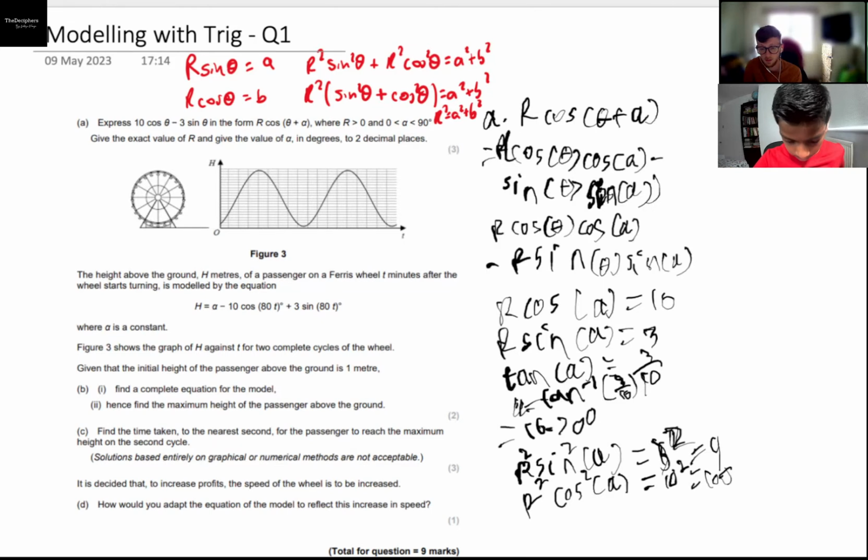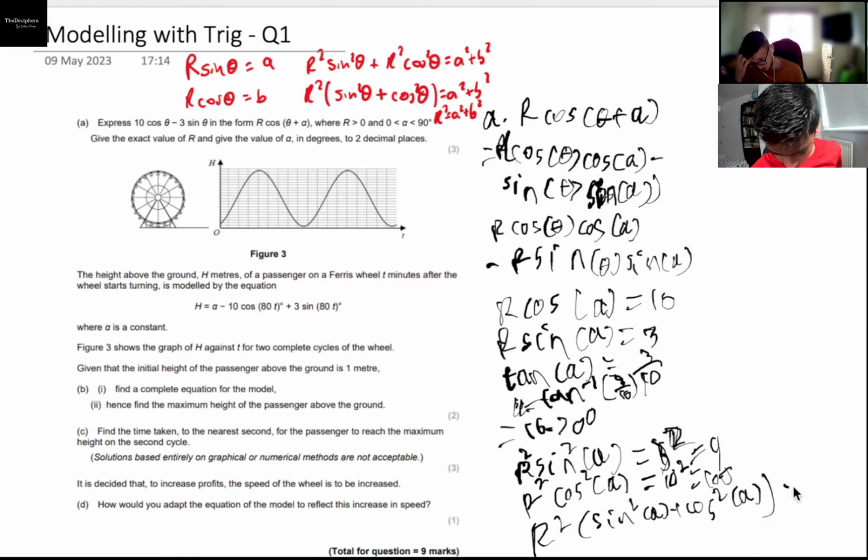And then if we add them together, r squared times sine squared plus cos squared of alpha equals 109. So r squared is 109.